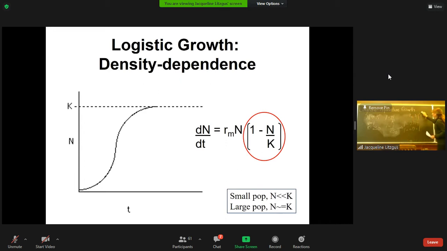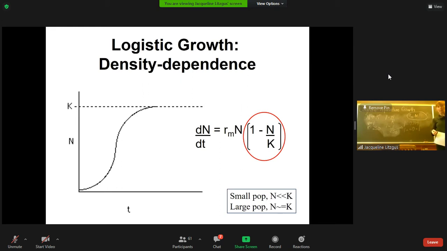So now we come to an equation that is rN times 1, which is just the same as saying rN. And if you remember, I just reminded you that the equation for exponential growth is r times N. So at these small population sizes, we have exponential growth happening.